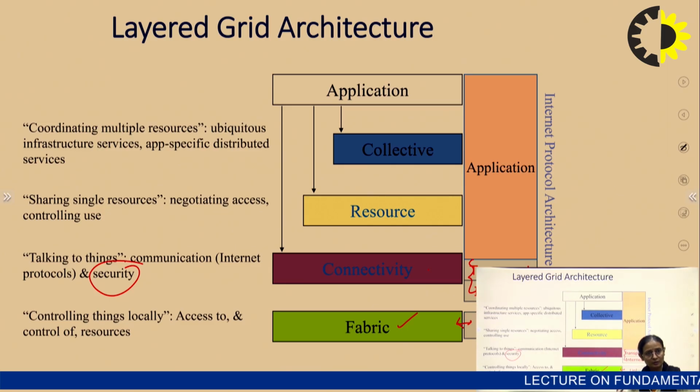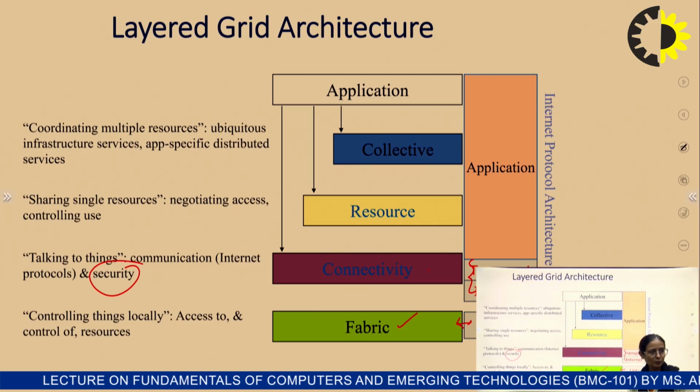So once you give some command to a grid application, it passes the things to the collective, resource, and connectivity layers, and how we physically allocate the resources is done by my fabric layer, that is, controlling things locally and how we are going to access them. So this is the layered grid architecture.